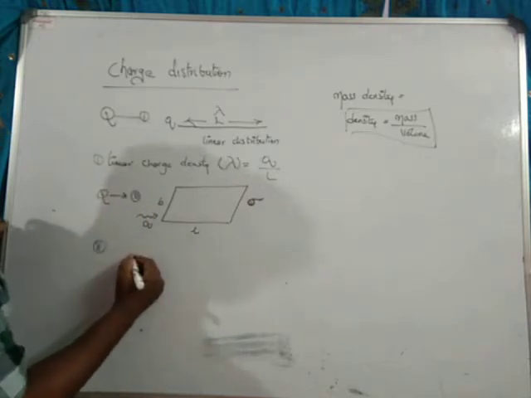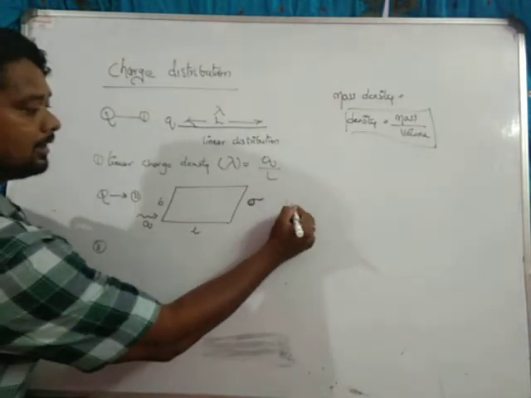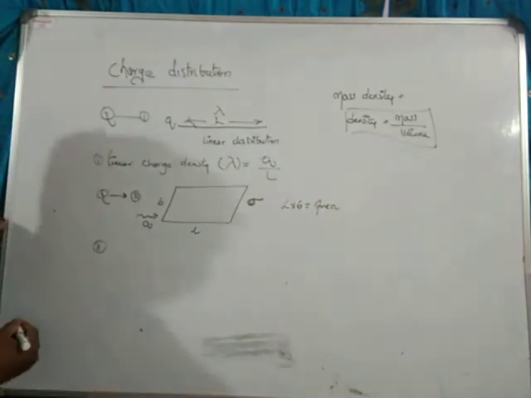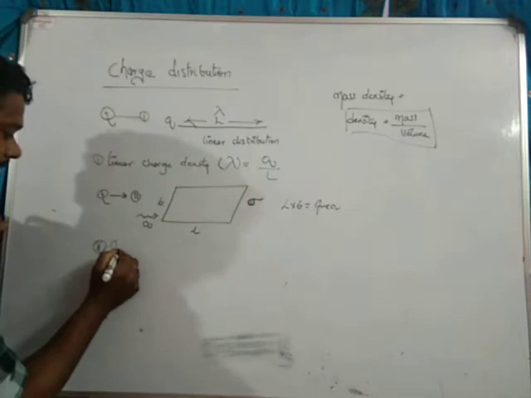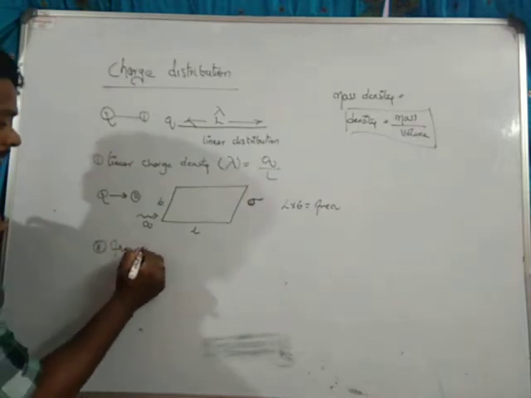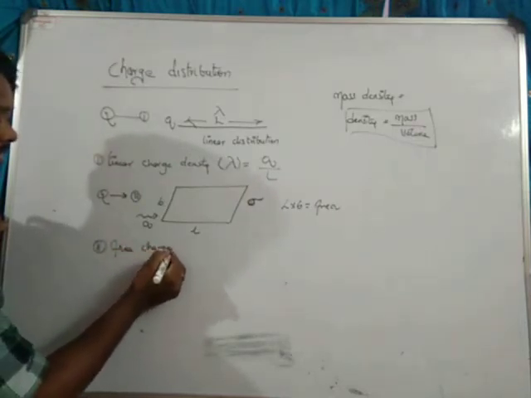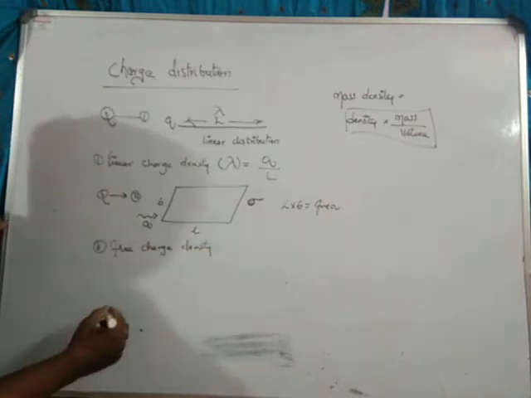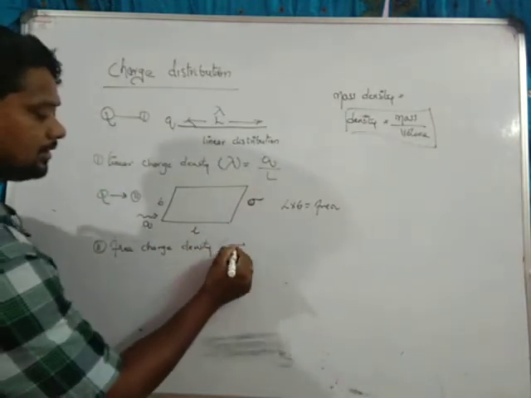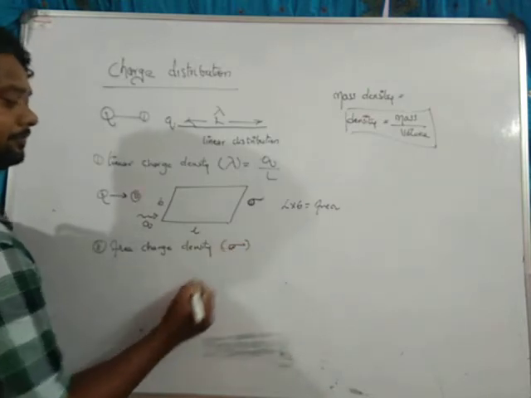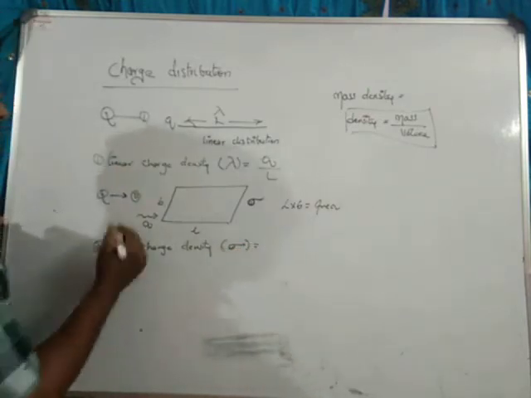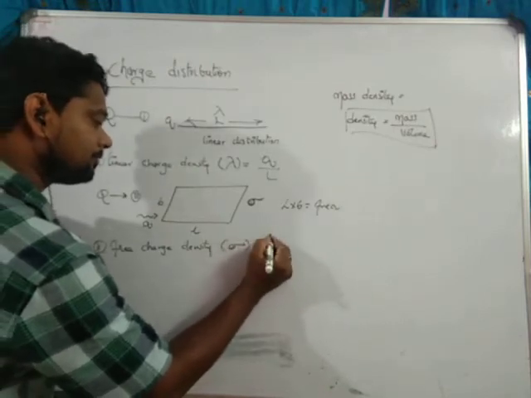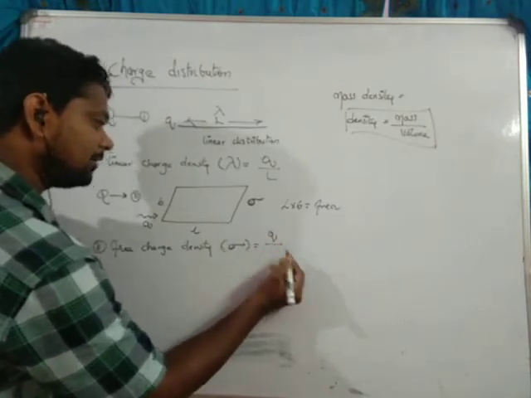Length into breadth gives us the area. That we call area charge density. Area charge density is denoted with sigma. Sigma is equal to charge upon area.